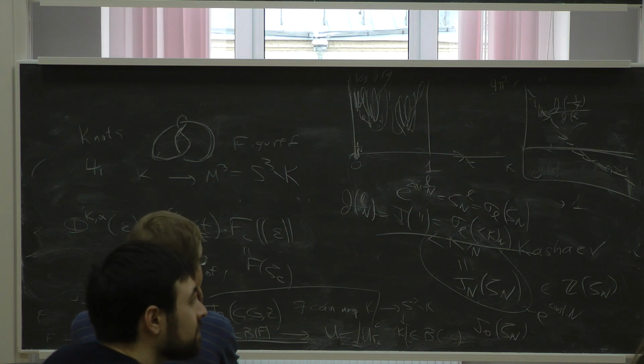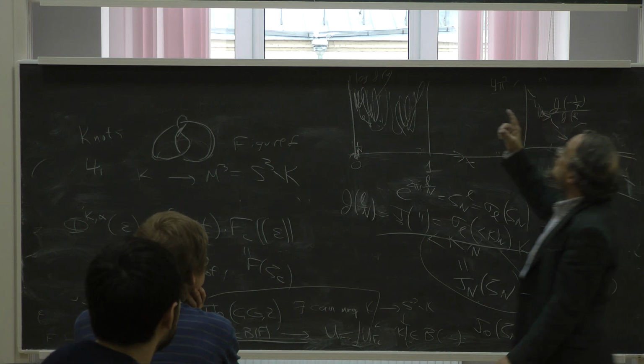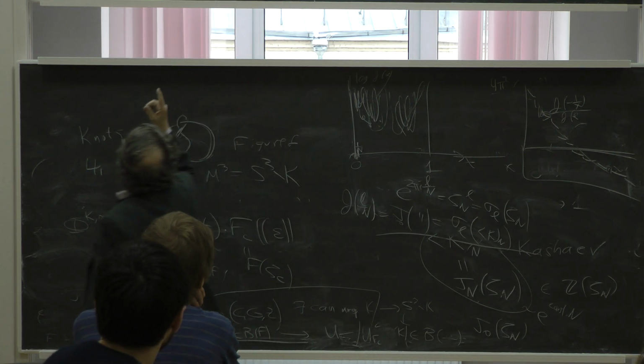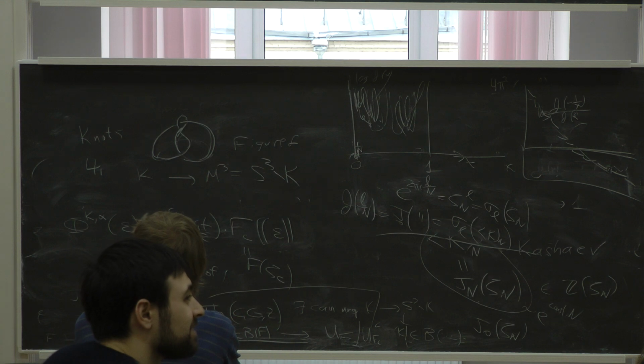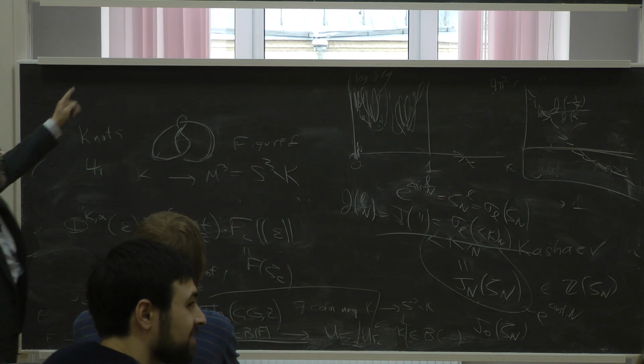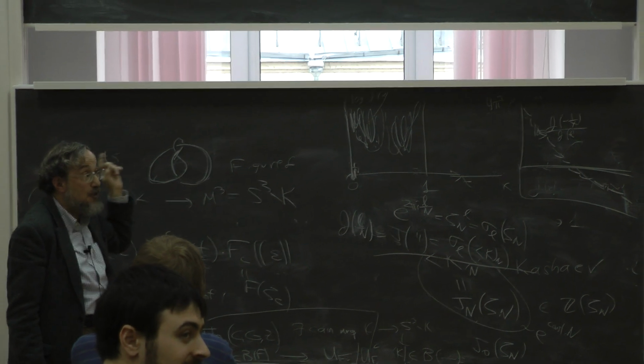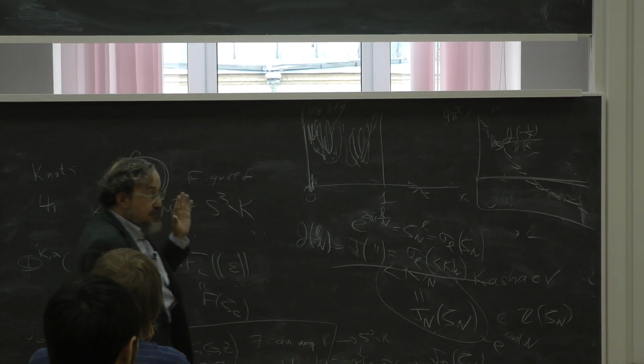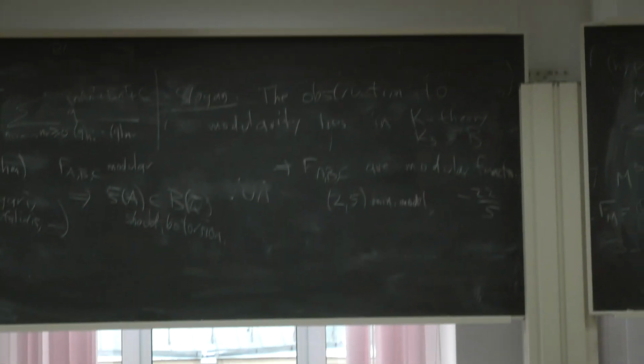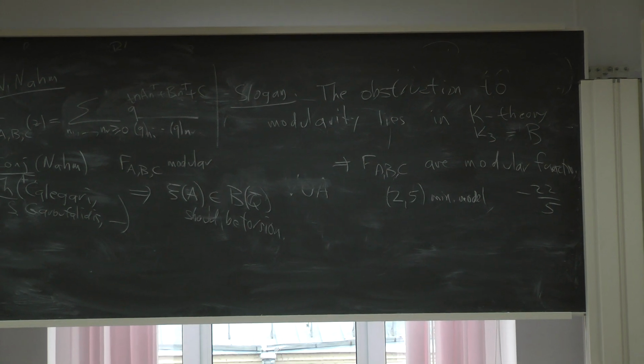Now I can try to answer your question. So the question before was about Nahm's conjecture, which I haven't even erased. It said that if for some triple ABC, F_ABC is modular, then this class psi_A has to be torsion. Now there's actually a funny story, if you like mean stories about the speaker.